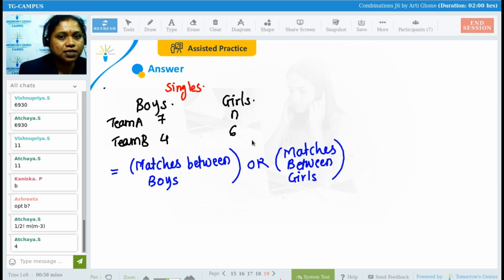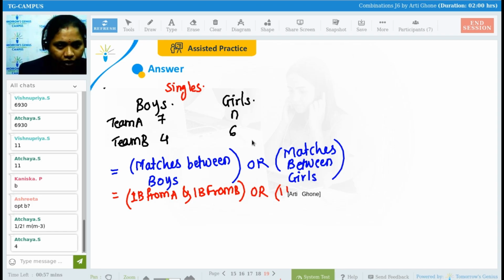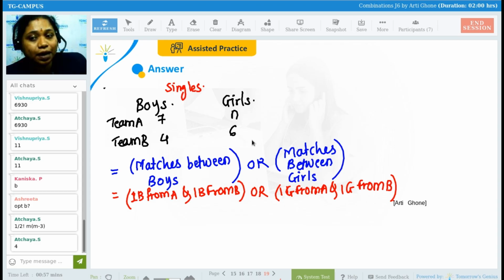Now, what does singles mean? One boy from team A and one boy from team B. Clear? Okay. Or one girl from team A and one girl from team B is the meaning of that complete statement of playing the matches. Clear? Okay. One girl from team A and one girl from team B is selected, or one boy from team A and one boy from team B is selected.